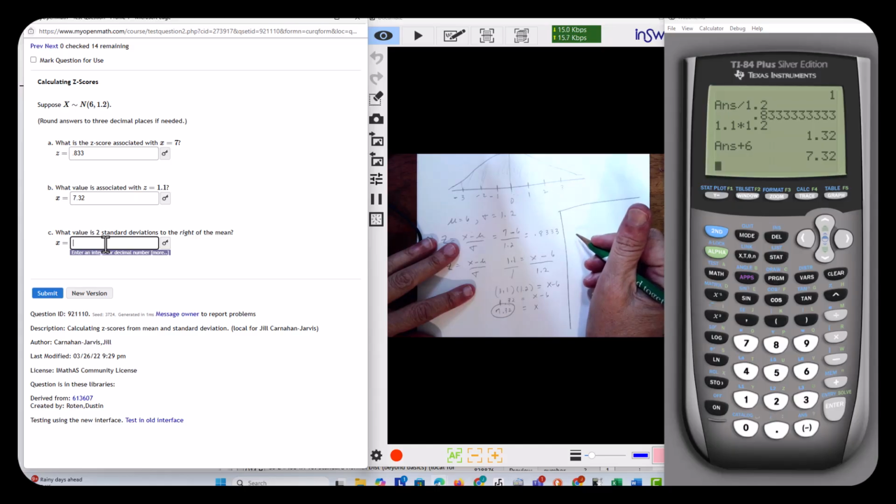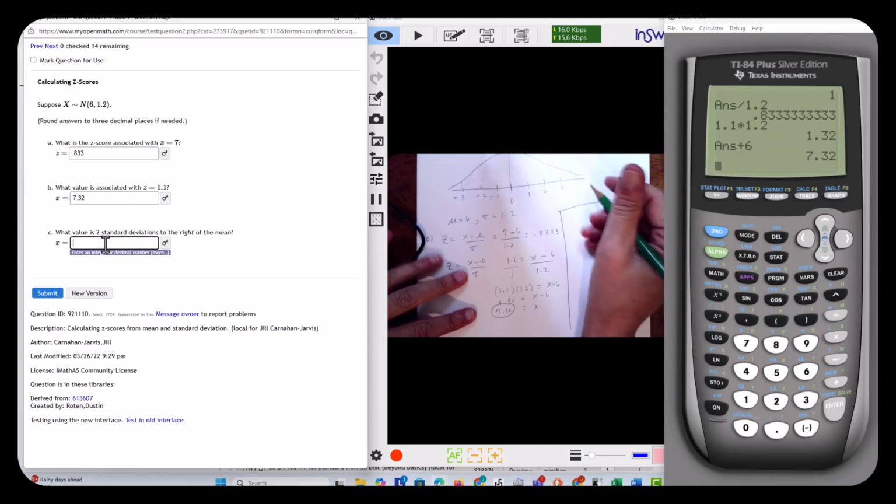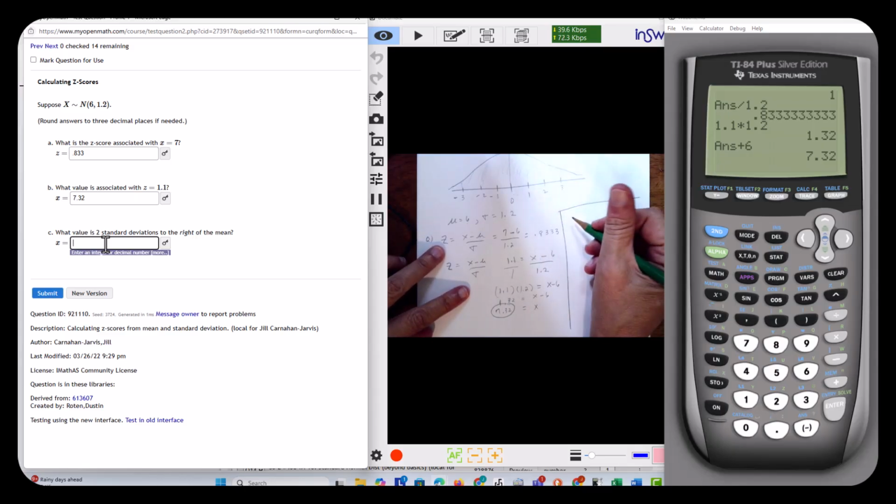Again, this is going to be an x value. I've got my formula here, so the z-score is 2, and this is part C. So 2 is equal to x minus mu, in this case 6, over 1.2.